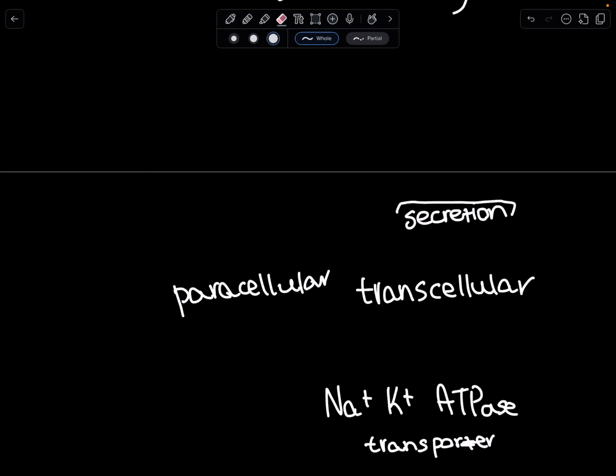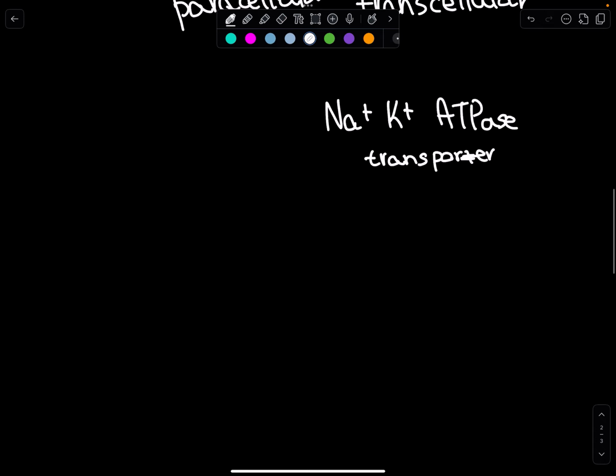It pumps 3 sodium ions out of the cell into the blood and 2 potassium ions into the cell, using ATP for energy. This creates a low sodium gradient inside the cell, driving sodium reabsorption from the filtrate through apical channels or co-transporters, often pulling glucose or amino acids along. It's critical for reabsorbing most sodium and setting up other transport processes. Want me to focus on a specific tubule segment or another transporter?